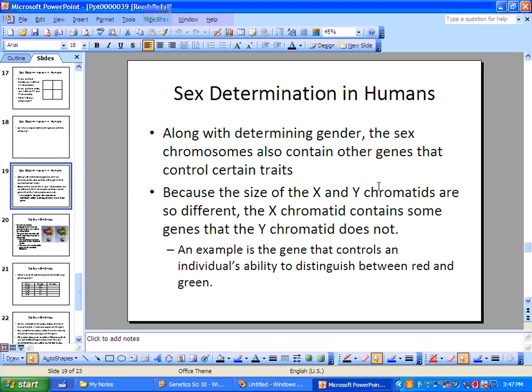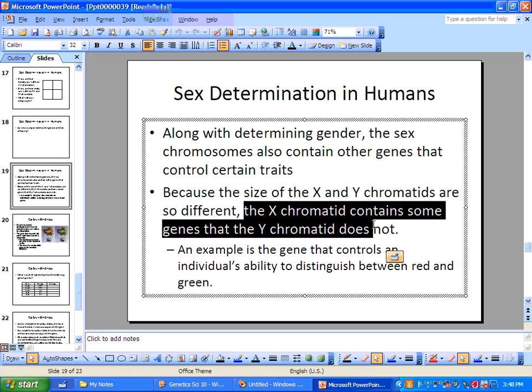Yeah, so like it says here, along with determining gender, those sex chromosomes, the X and Y, sometimes have other genes that control different characteristics. One example is something that can cause color blindness in people. So there is an allele on the X chromosome. And it says that here. The X chromosome often contains genes that the Y chromosome doesn't.